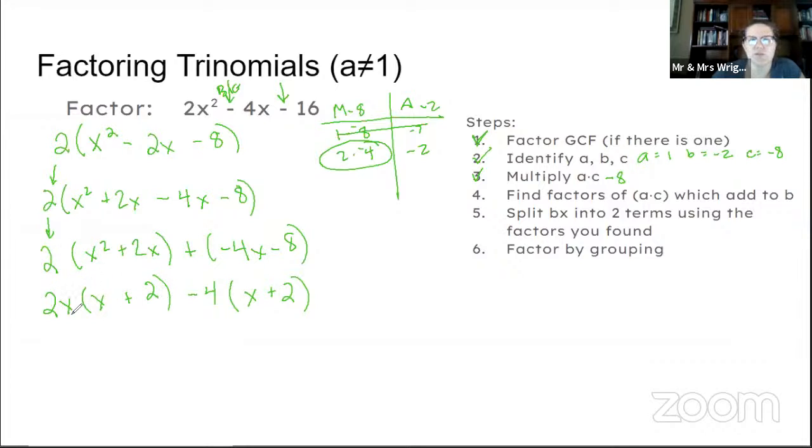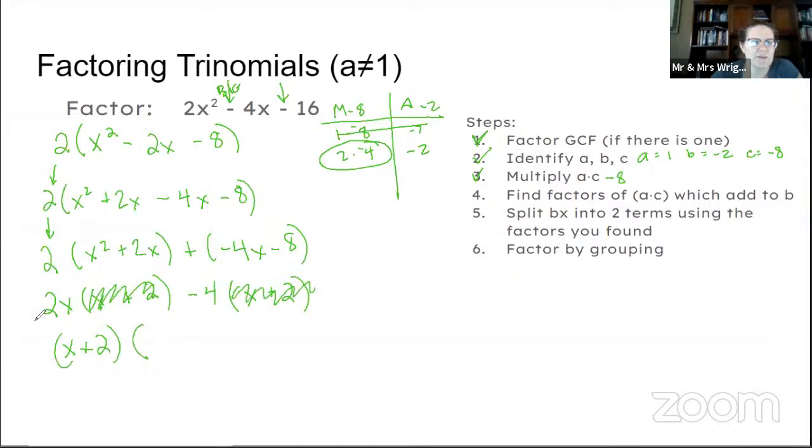So it can just go right next to it because this is 2 times x plus 2. So that's why it can just stick right there in the front. All right, so we've got 2x times x plus 2 and -4 times x plus 2. So my common factor in both of those is x plus 2.